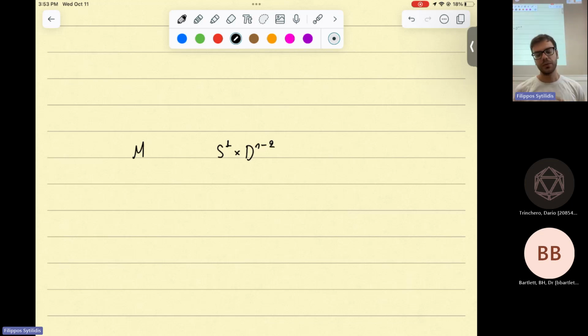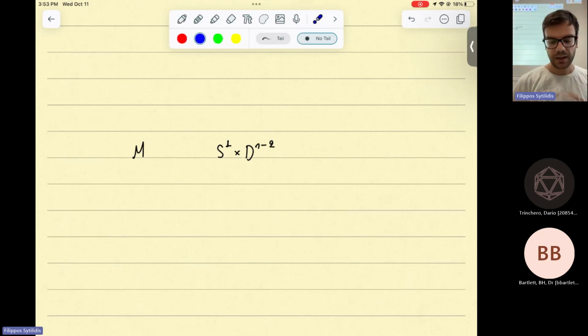So this is n minus 2. You embed this framed sphere and then I do surgery along this framed sphere.